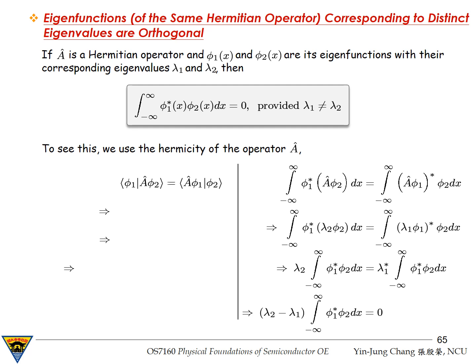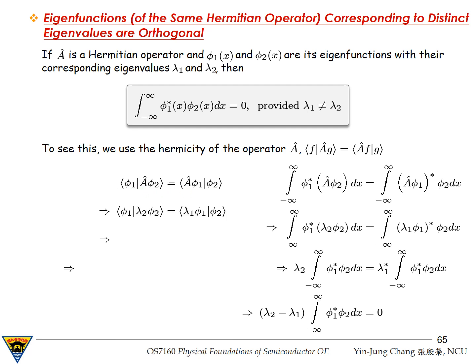To see this, we use the Hermiticity of the operator A hat, which is written as shown. We see that the operator A hat can be moved from one side of the inner product to the other side. The result would be exactly the same. So using this expression, the Hermiticity of the operator A hat, we have the expression shown here.